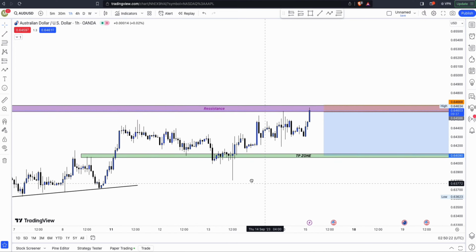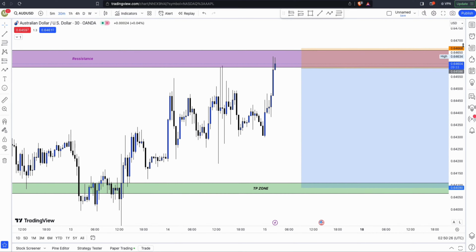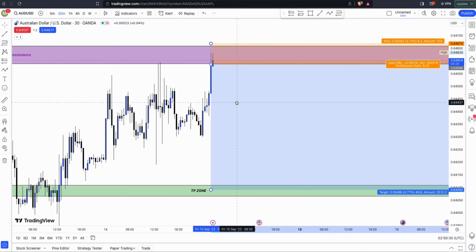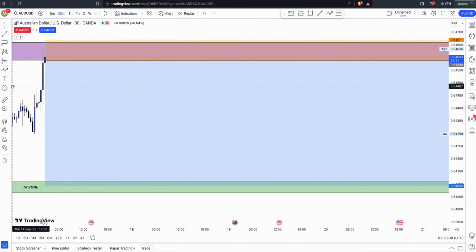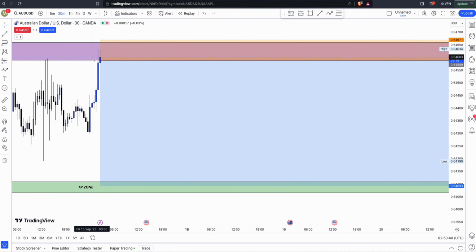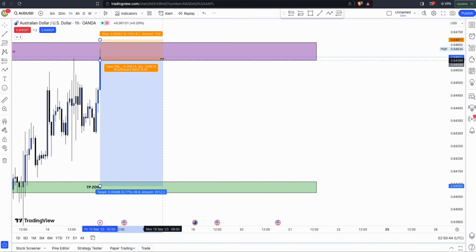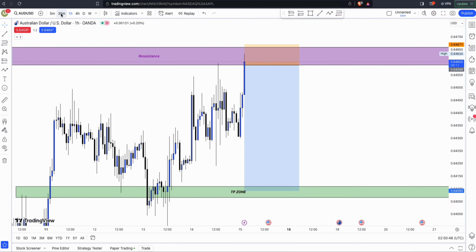Let's jump into the 1 hour and 30 minutes, because that's where our trade is going to be. And so we are already seeing a bearish hammer over here being formed. So what I'm going to do is make this much shorter, because again, this is a 30-minute time frame, right?